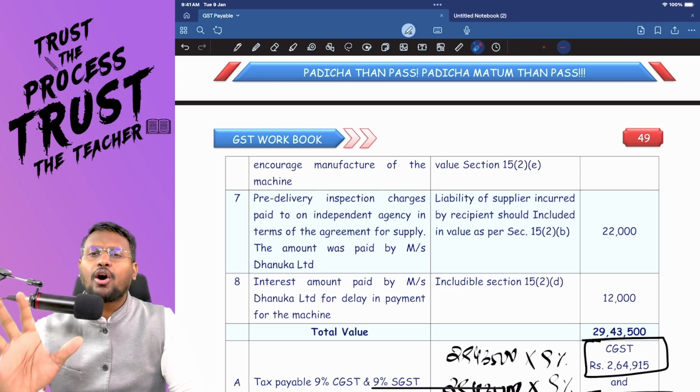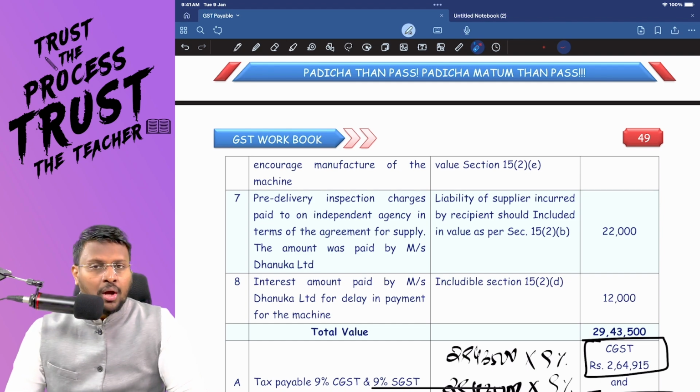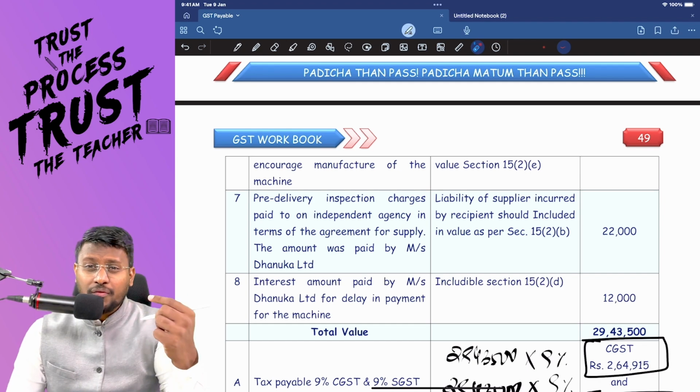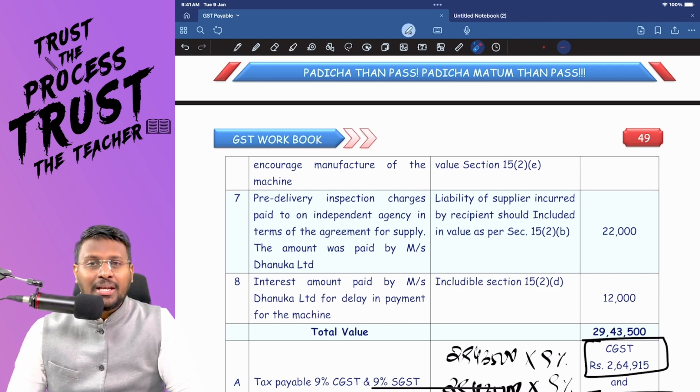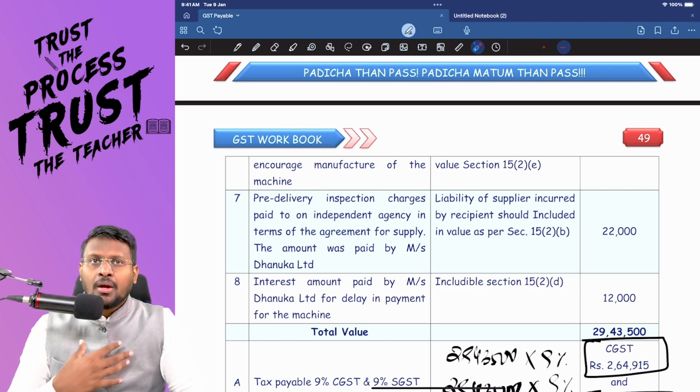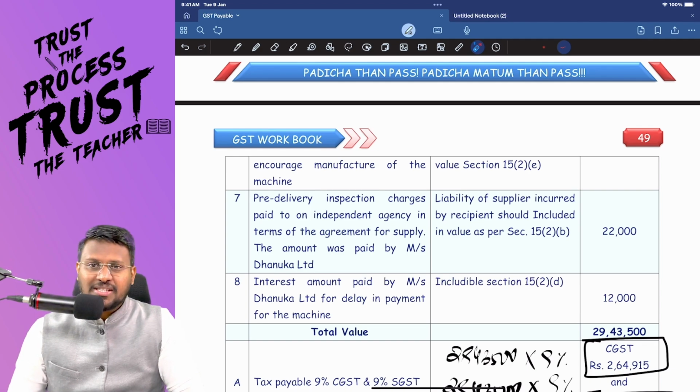So, A stands for all taxes other than GST. B stands for on behalf, that means amount incurred by the recipient on behalf of the supplier. C stands for we have to see whether any amount incurred by the supplier is incidental expenses or not.